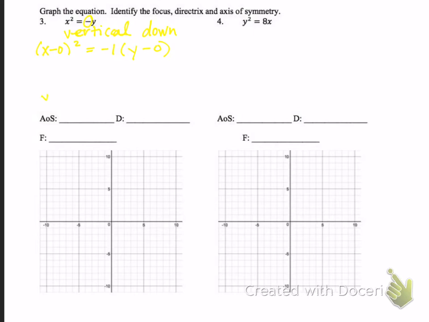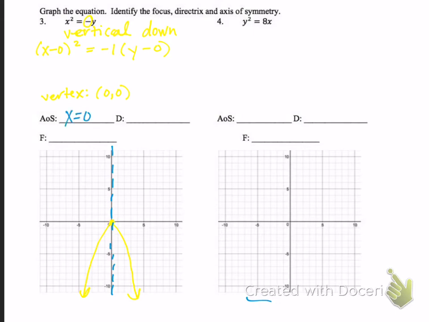At h, k, which would be 0, 0. Then you plug it in your calculator and you'll see that it points down, or you could plug in points. My axis of symmetry would be where? It would be x equals 0.